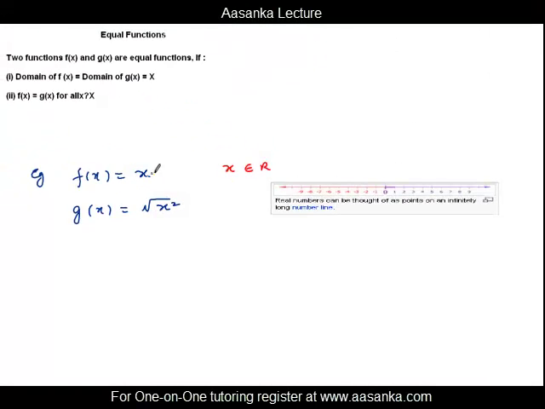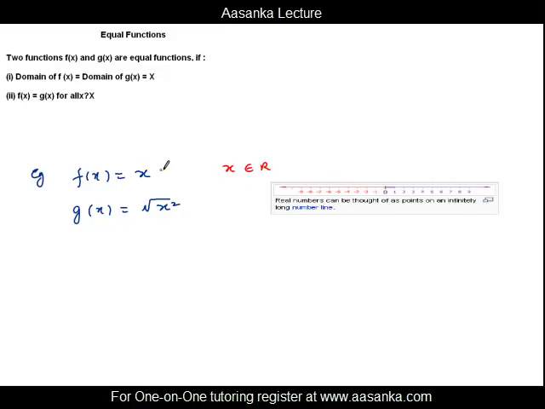So f(x) is equal to x. That means domain of f(x) is any number on this line, positive or negative. Similarly, domain of g(x) is x, which is any number on positive or negative side.